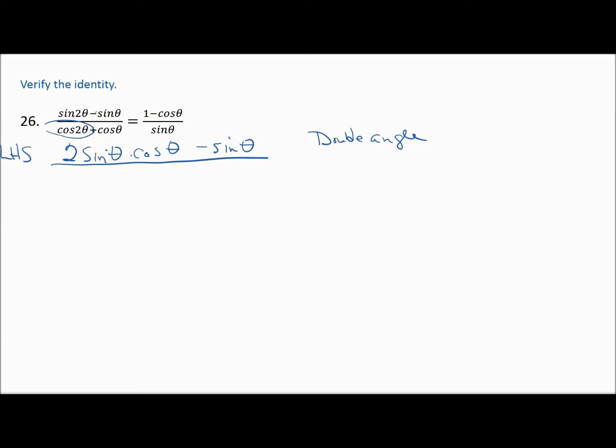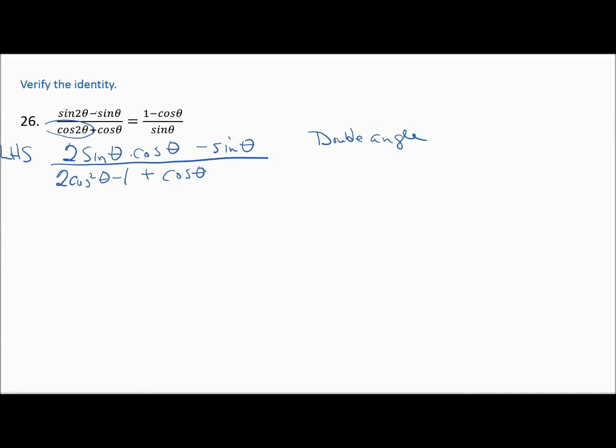Maybe let's stick to just cosines, because that would give us cosines for everything. If we need to change it after that, we can. But the formula for that is 2 cosine squared of theta minus 1. And then that's plus cosine of theta.